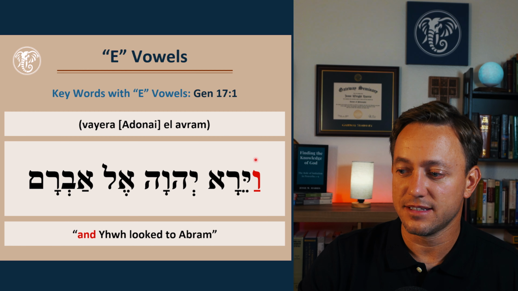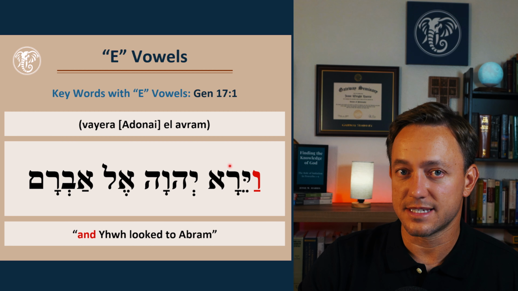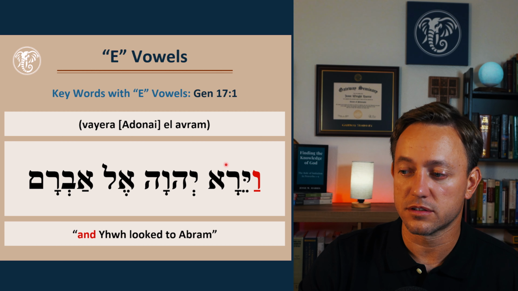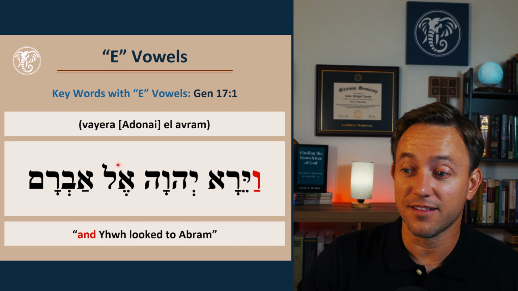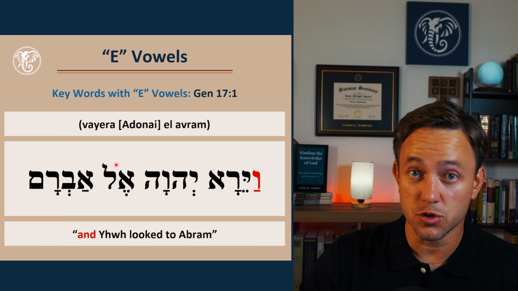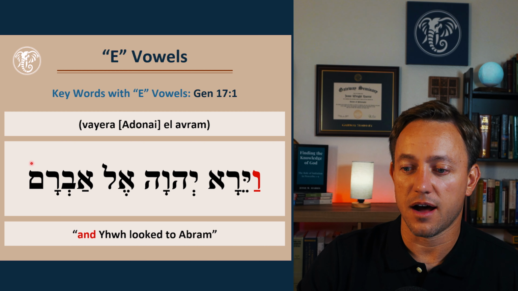And this is the word to see or to look. We've seen this a couple other times in some other verses. So, and the Lord saw or looked El. Now we talked about this word just a little bit. There's two variations, right? El and El. One means God and the other means to or towards. So God looked to Avram.